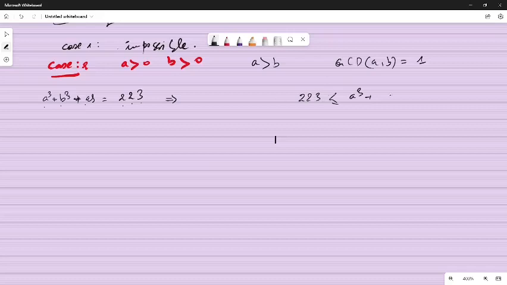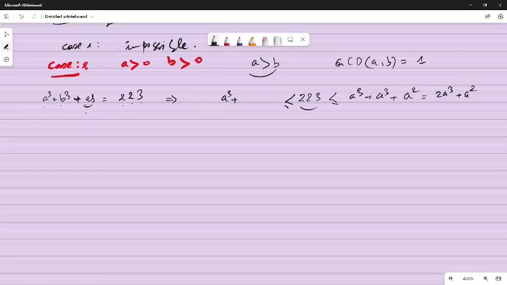So 223 is smaller than this a squared, because we have a is greater than b, and this is equal to 2a cubed plus a squared. And also we have b is smaller than a cubed, and this term is less than a.